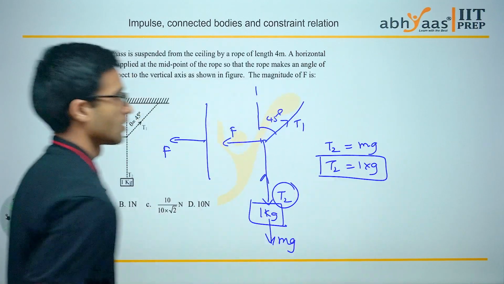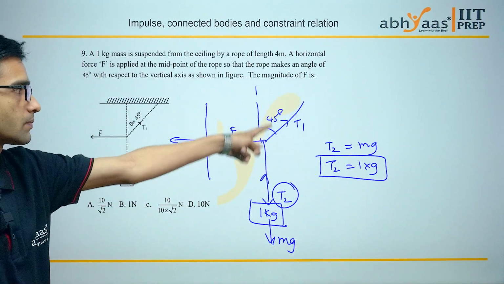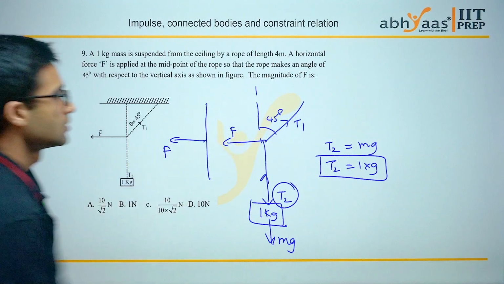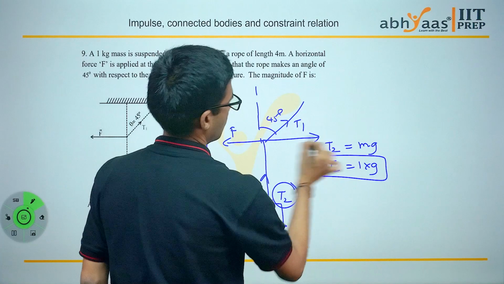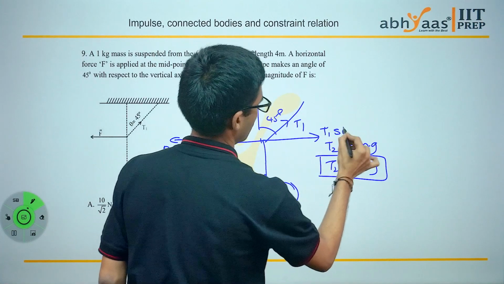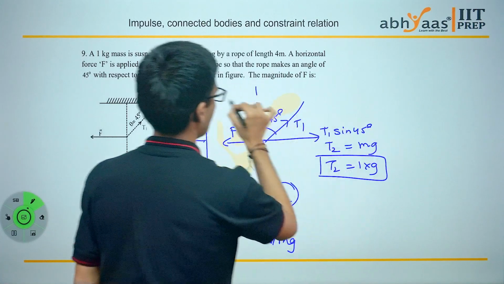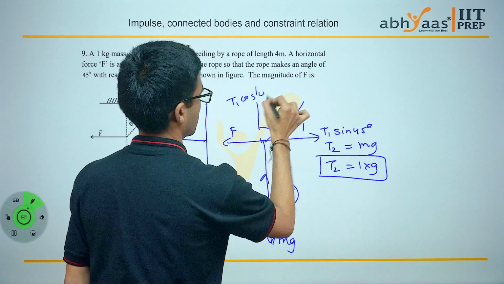But T1 is making an angle of 45 degrees. If we resolve it into two components, this will be T1 sin 45 and this is T1 cos 45.